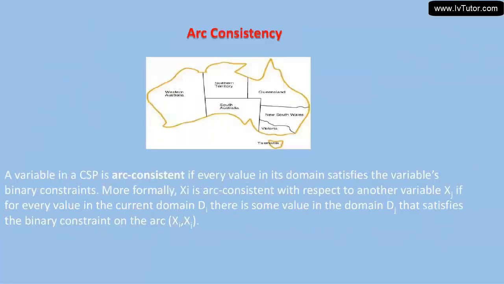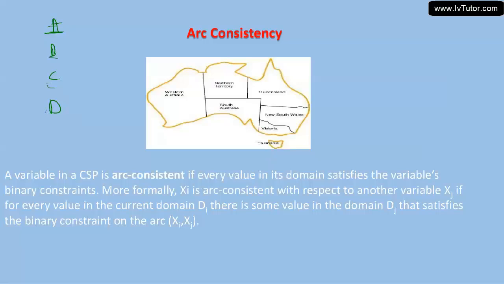Right, next one we look at is arc consistency. So we say that a variable in a CSP is arc consistent. So we look at variable level. If you have 4 variables A, B, C, D, A can be arc consistent and B, C, D not, or C can be arc consistent and others may not be.